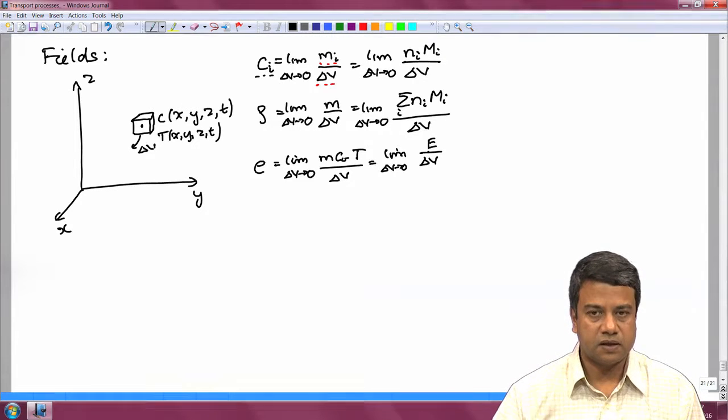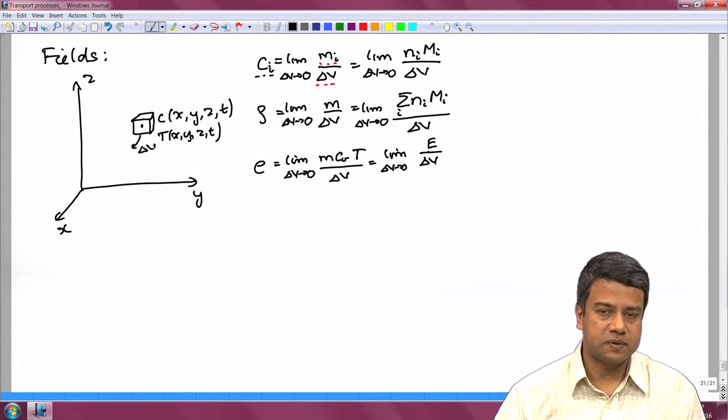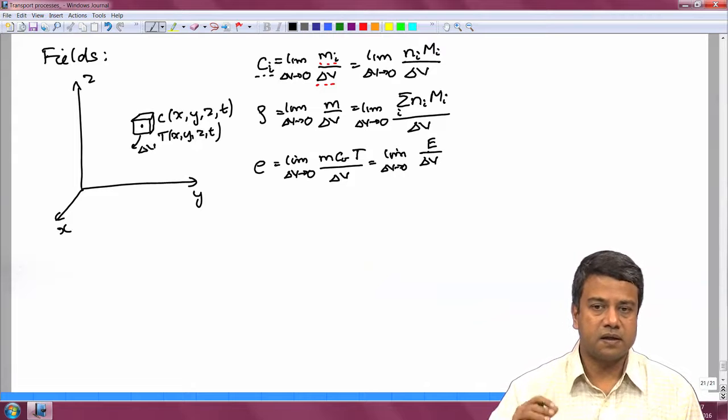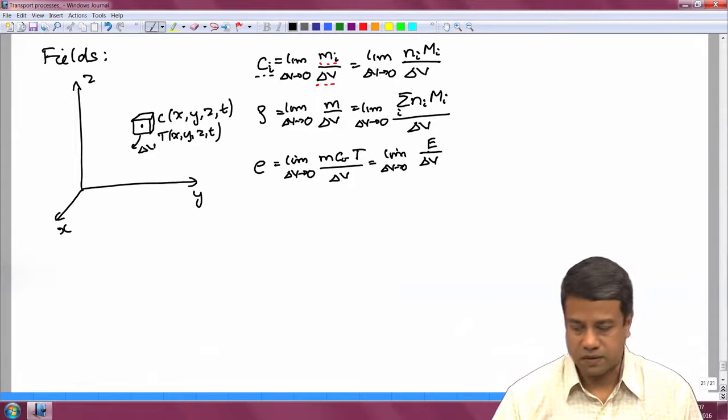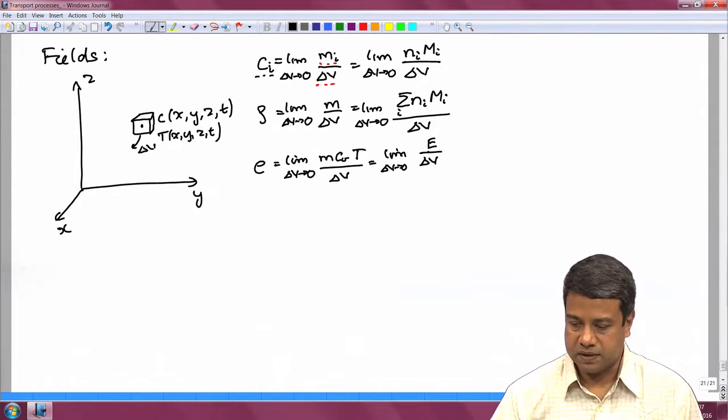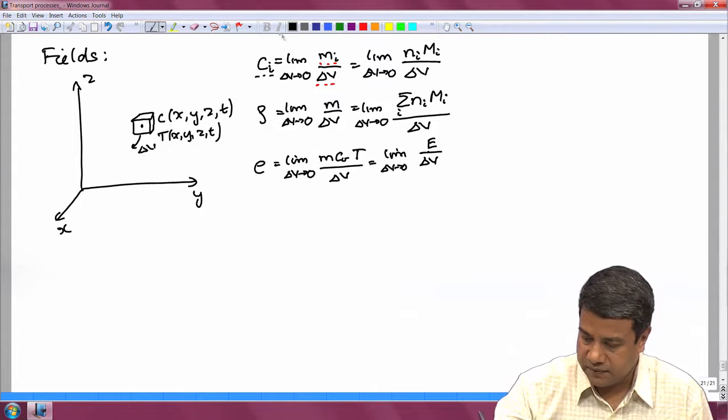If you had diatomic molecules, you will have a rotational degree of freedom as well, and for polyatomic molecules, you will have vibrational degrees as well, if there are excited vibrated states at room temperature. So, I take the total energy density within that volume, and from that I will find out what the temperature is.